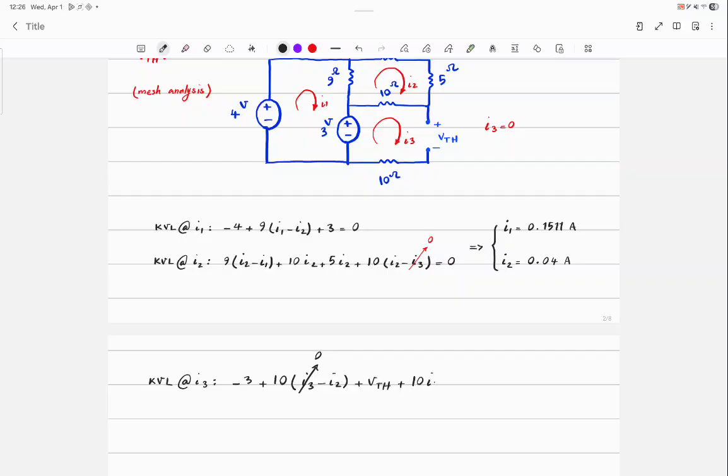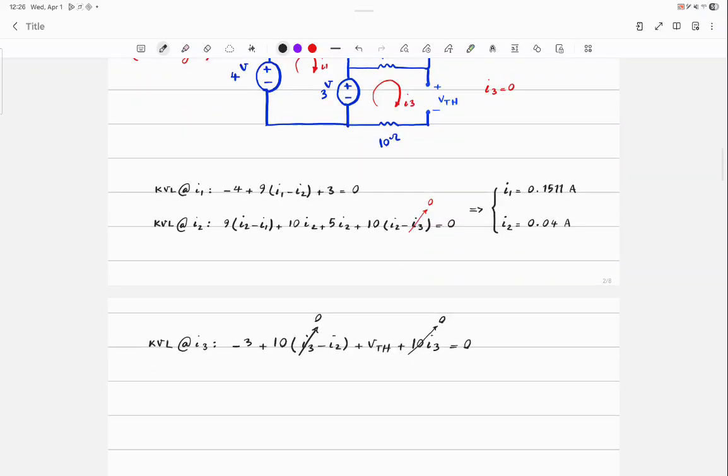Well, 10 I3, but it's actually 0. Equal to 0. Okay? So what I have is VTH equal to 3 plus 10 I2, which becomes 3.4 volts.